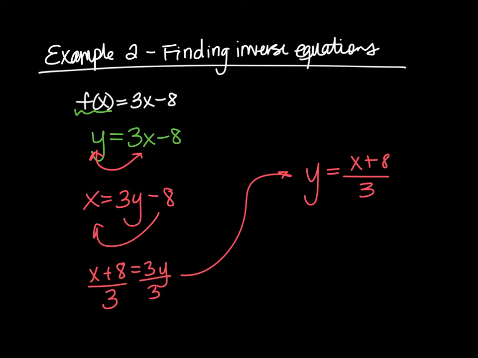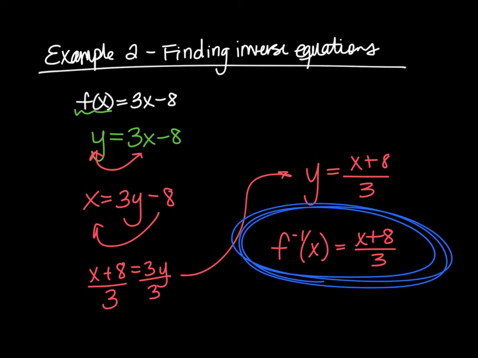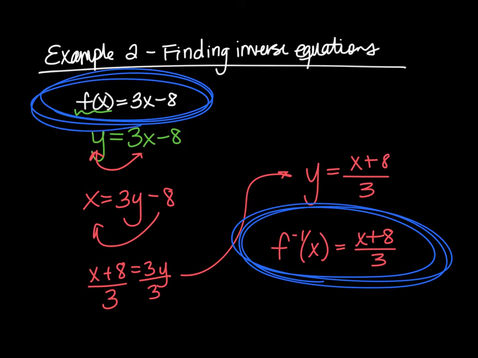And since this is an inverse, we're going to write it f inverse, that's the f with the little -1, equals x plus 8 over 3. So now x plus 8 over 3 and 3x minus 8 are inverses of one another. If we used our calculator to graph, they would be mirror images of one another. What I want to show you, though, specifically about the inverses is I just want you to see when you look at these equations, hopefully you notice some things.